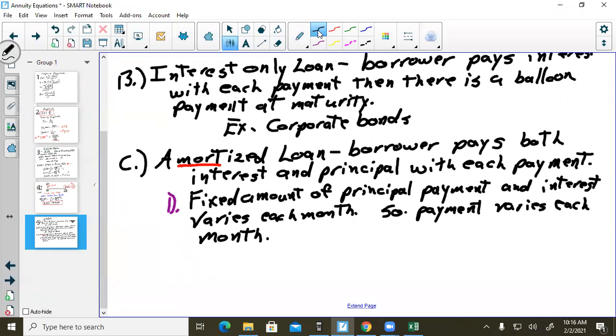So like on Malcolm's loan, let's say he was paying $200 a month, and that's going to the principal. Well, since his principal amount is changing from month to month, the amount of interest is changing month to month. So one month he's paying $259. The next month he's paying $257, then $254, then $251. So each month, could you imagine trying to budget that? That's just a nightmare. So you don't see that situation very often.